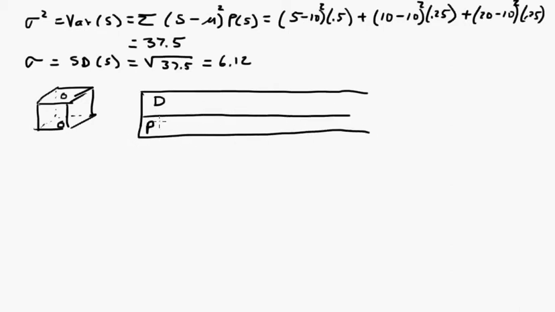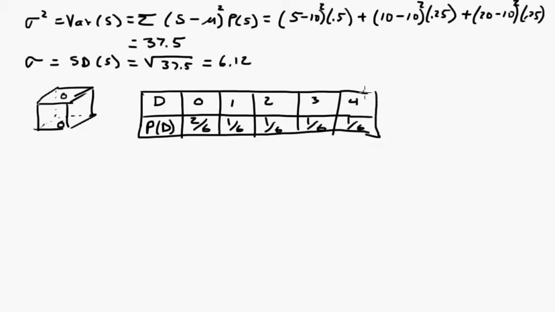The probability of D: 0 is going to occur twice, so 2 out of 6. 1 is 1 out of 6. 2 is 1 out of 6. 3 is 1 out of 6. And finally 4 is 1 out of 6.